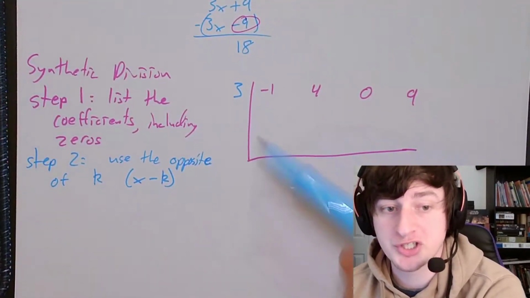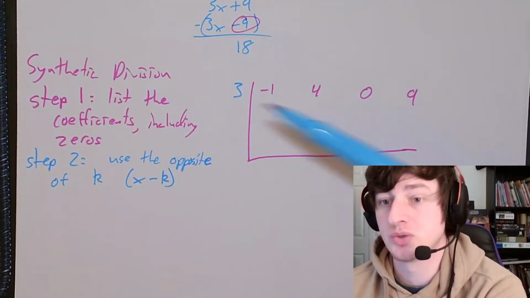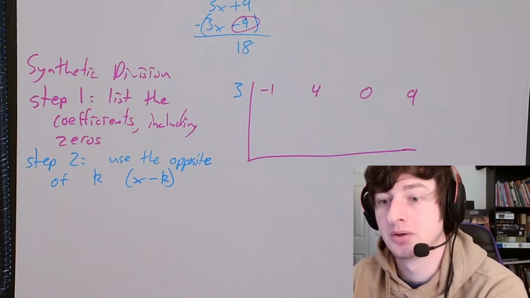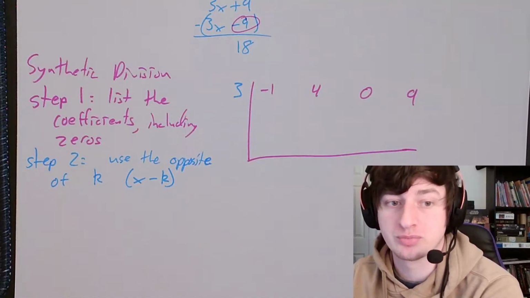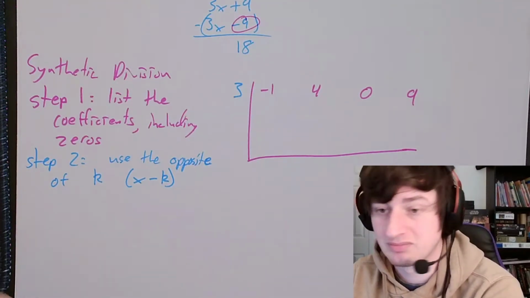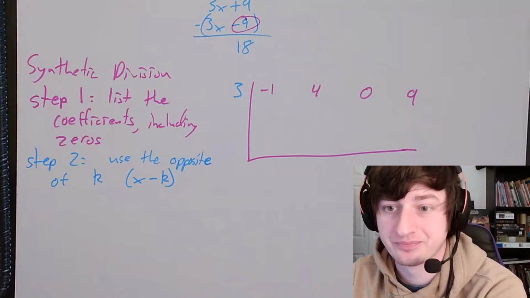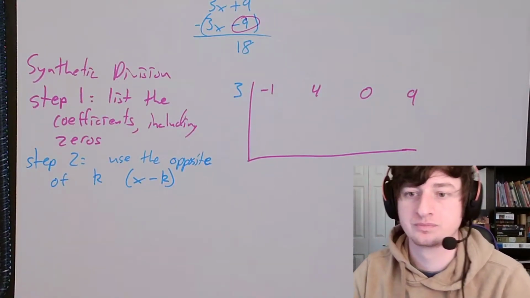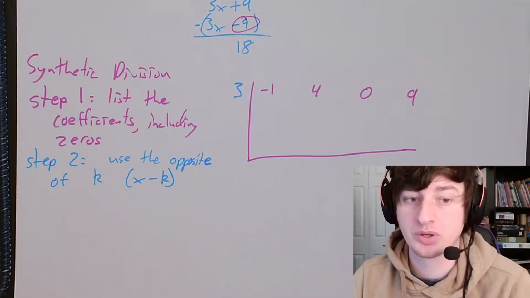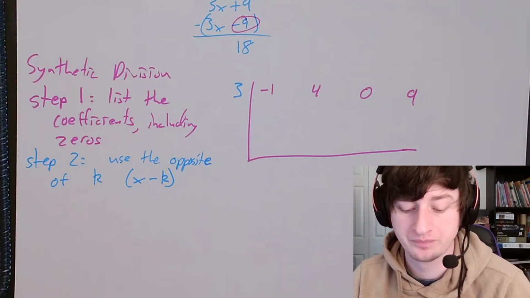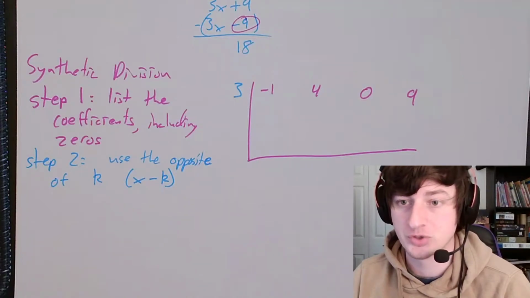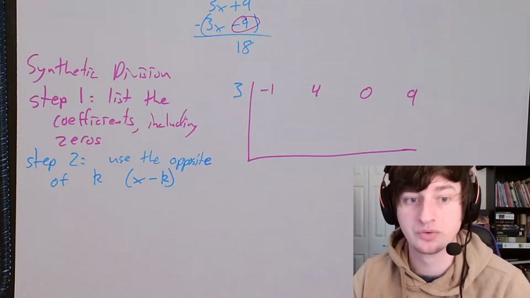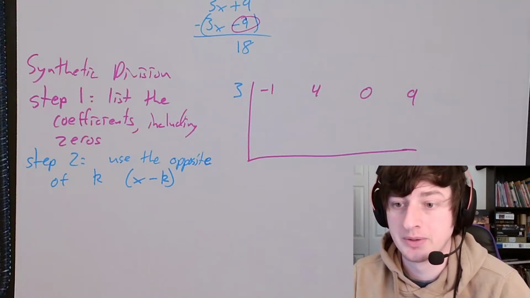Remember, we're switching from subtraction to addition. By switching the value there to the opposite sign, that's going to switch us from subtraction to addition, so now we can just add instead. Now that 3 is going to come up. We're going to use that 3 over and over and over, just like the normal division, where we used that 3 over and over because we multiplied by it.